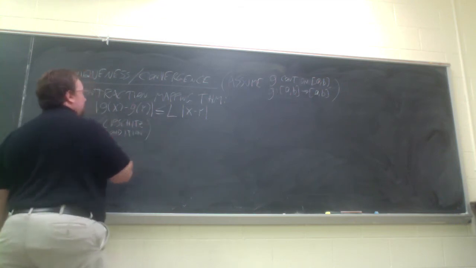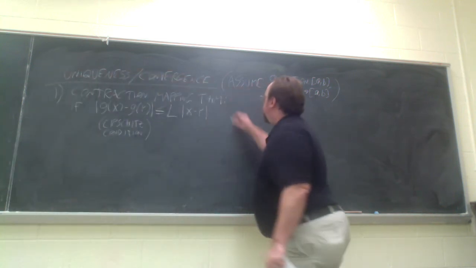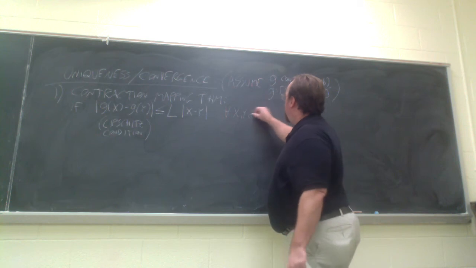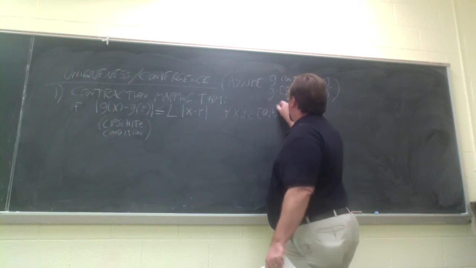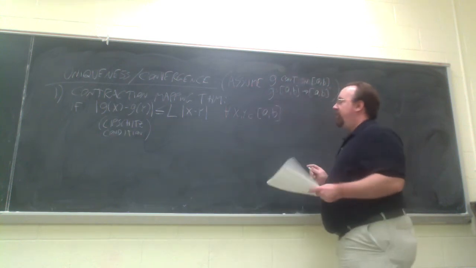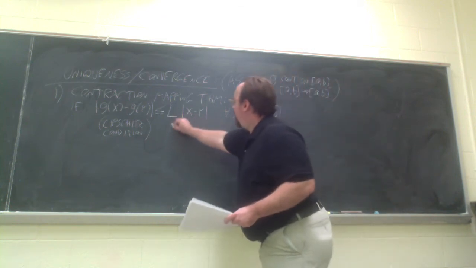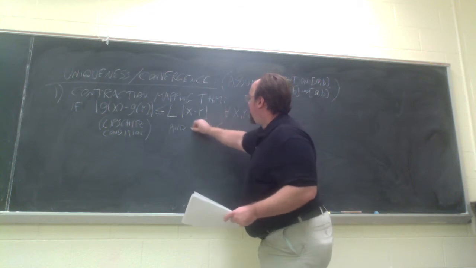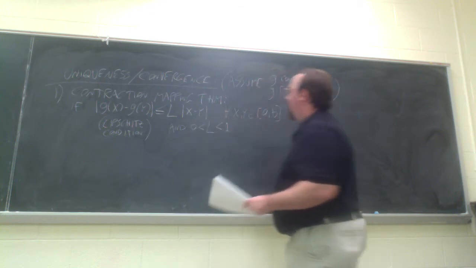So G satisfies a Lipschitz condition on all of AB, so for any x, y in AB, and we need something more. The Lipschitz constant, capital L, has to be strictly between 0 and 1.